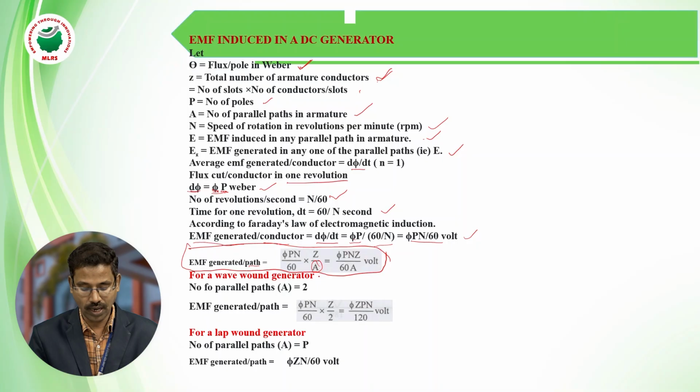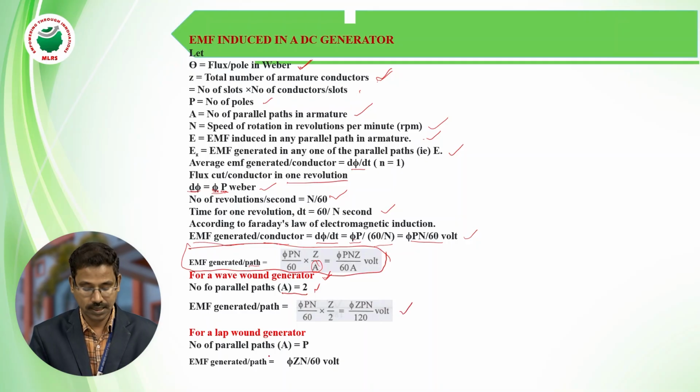For wave winding, we know that the number of parallel paths is equal to 2. By substituting A equal to 2 in this EMF equation, we get pi p Zn by 120 volts.